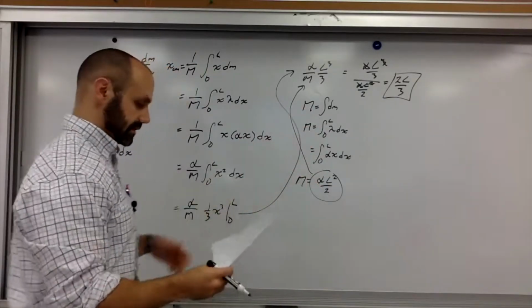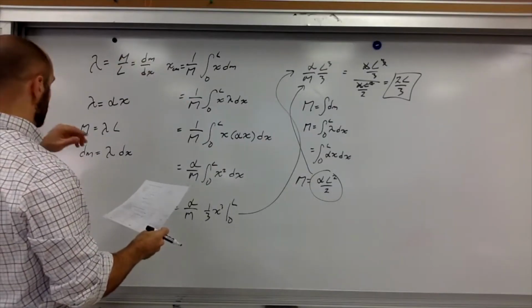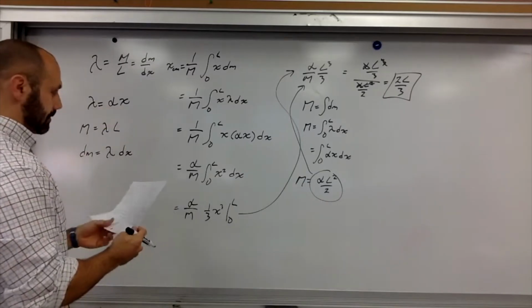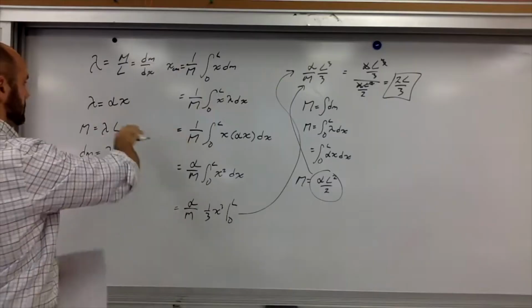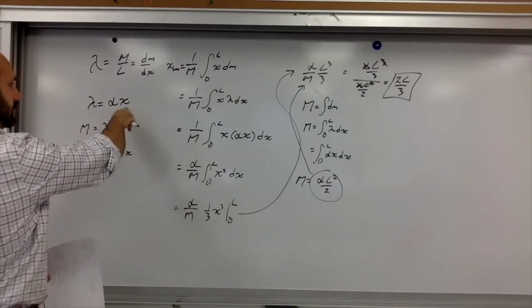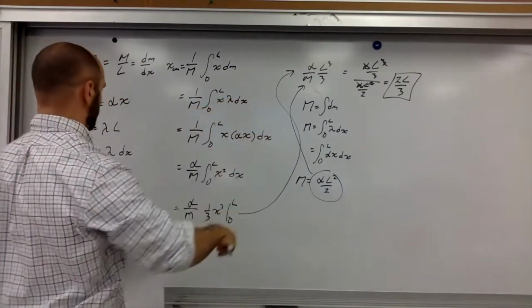If you repeat this, let's say that instead of this being alpha x, let's say it's alpha x cubed. So before it was just constant. Here, x has an exponent of 1, and we end up with 2L over 3.